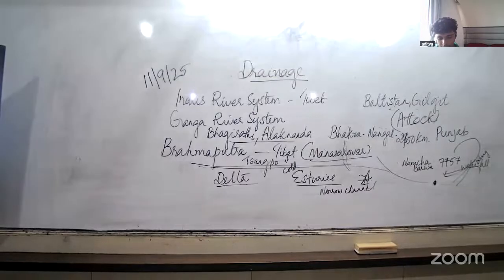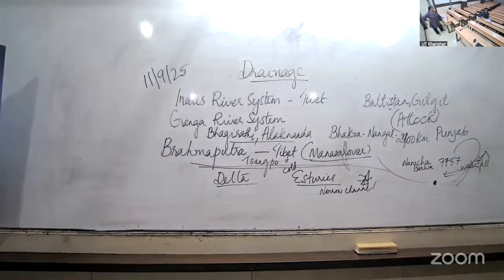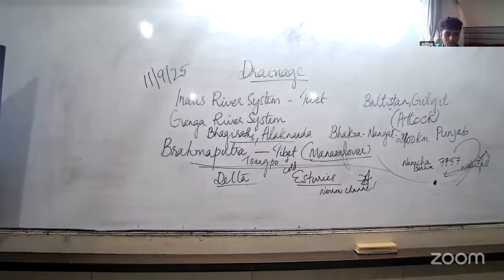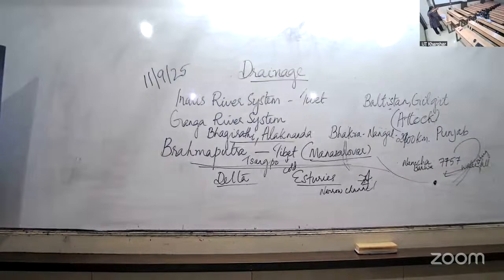Its drainage basin is shared by Maharashtra, Chhattisgarh, Jharkhand, and Odisha. So it originates from which state? Chhattisgarh. It originates from Chhattisgarh and passes through Odisha to join the Bay of Bengal.